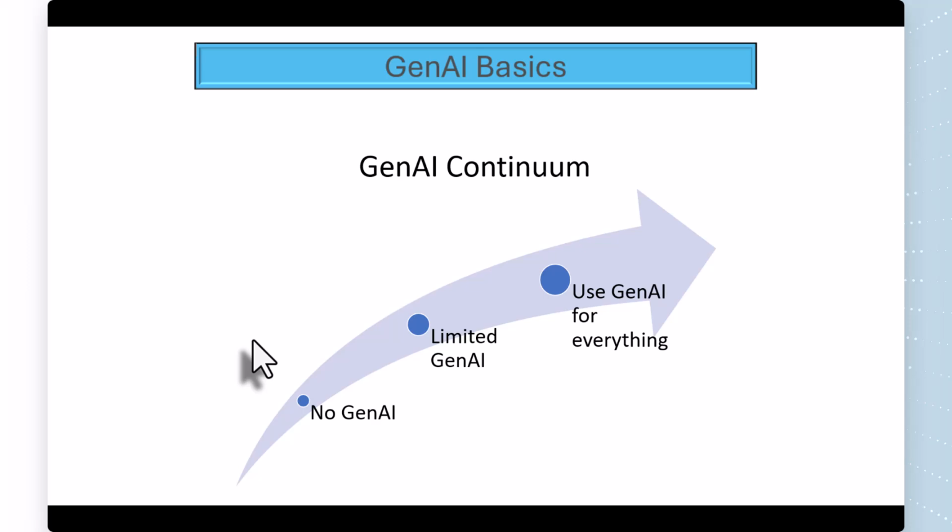It is extremely important that you as a student read the syllabus carefully, as well as the instructions for each assignment to see to what extent, if any, you can use GenAI. Your grade depends upon it.